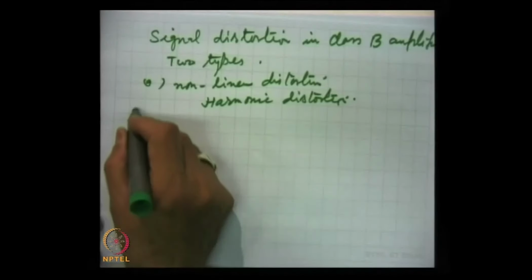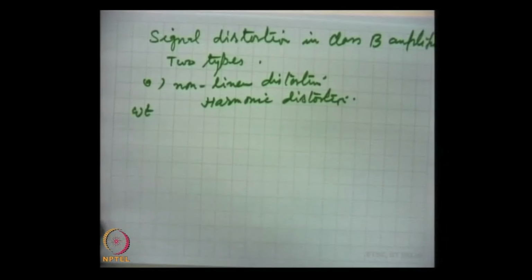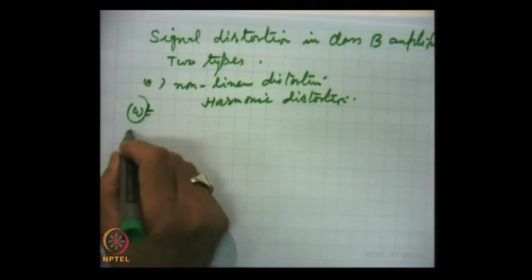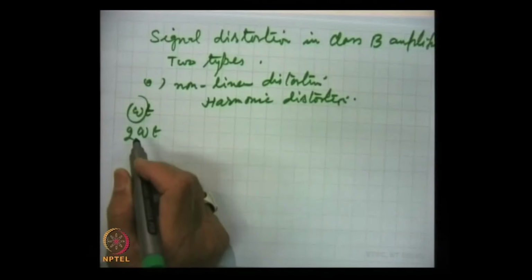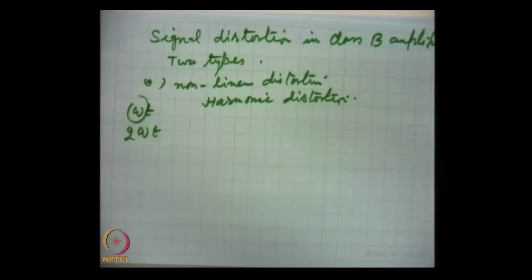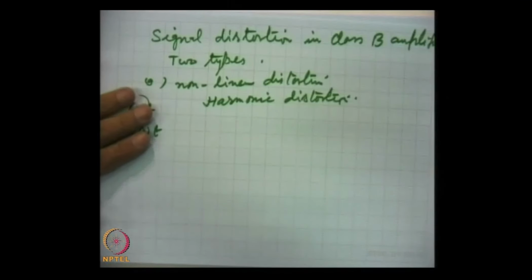Other components of frequency will also be there. For example, if omega is the input frequency, then 2 omega, 3 omega, 4 omega are the harmonics which may also appear in the output, and the reason for this distortion is the non-linearity. And we will see that in a well symmetrical design, when the two halves of the push-pull amplifier are made symmetric, then this is largely taken care of.